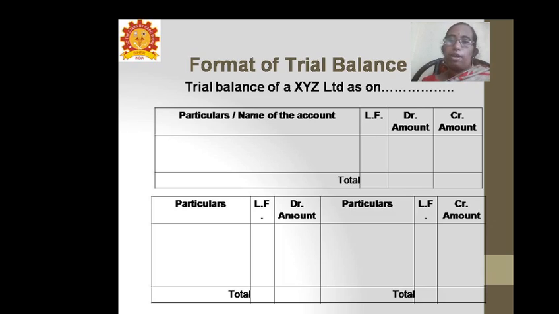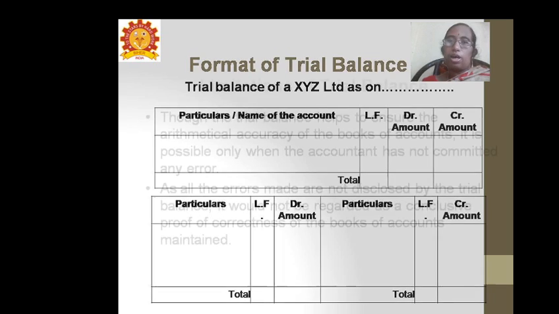Separately for the debit balance and separately for the credit balance: particulars, ledger folio, debit balance, and ledger folio, credit balance.